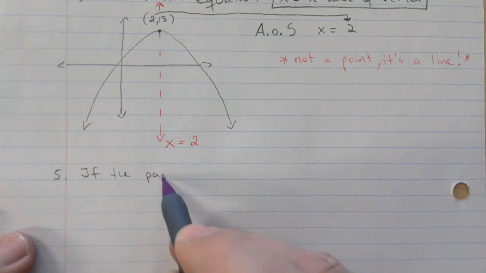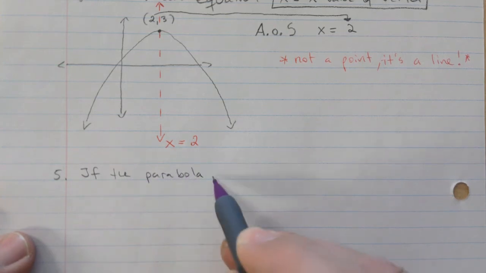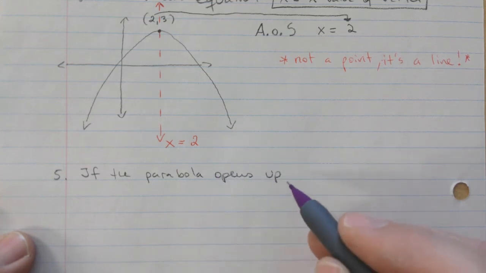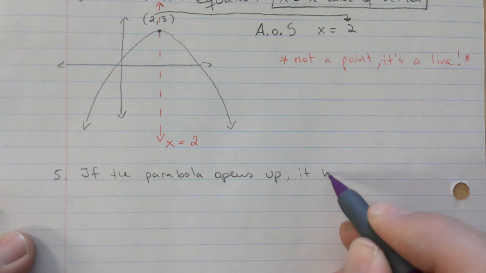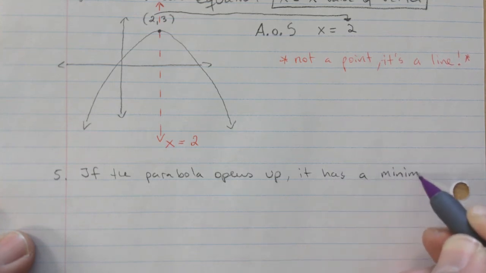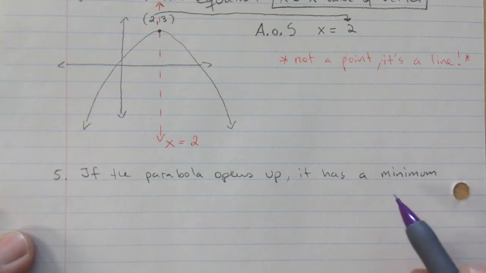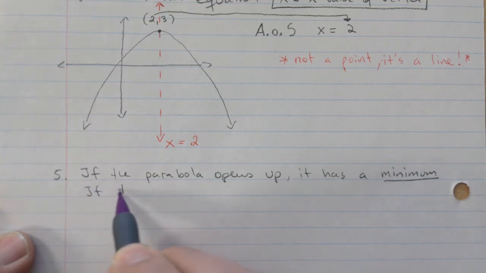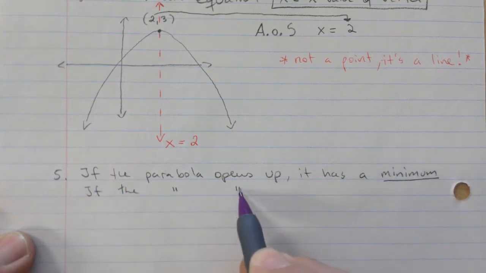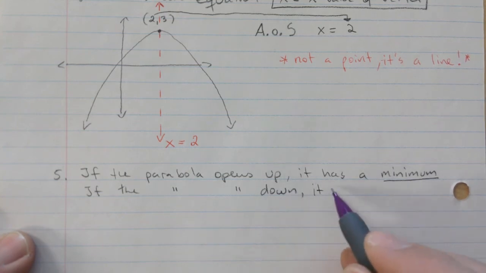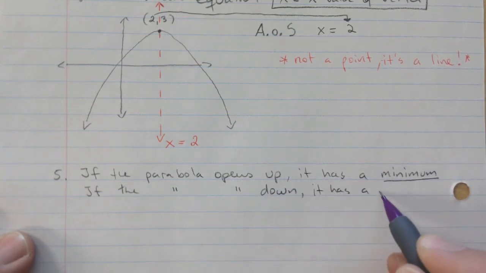If the parabola opens up, it has a minimum, okay. If the parabola opens down, it has a maximum.